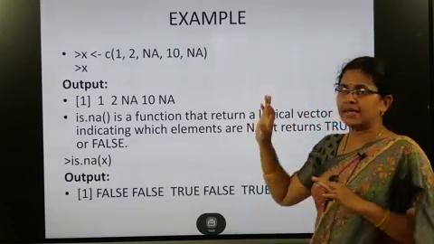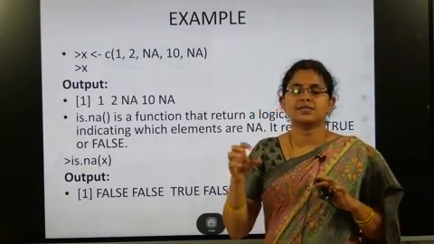Now we will see an example of how missing values are assigned to a vector.